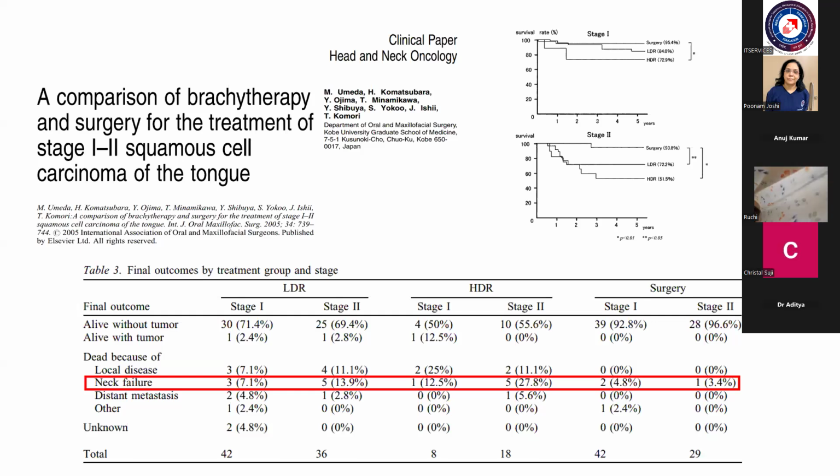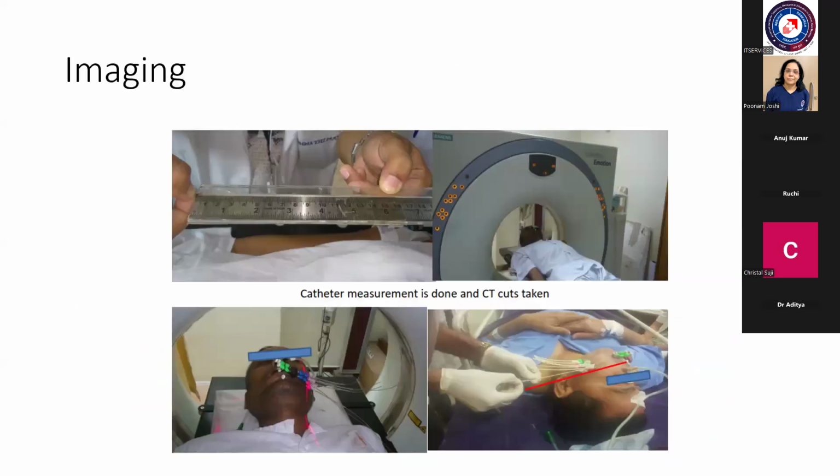So once we are done with the implant, the patient goes for CT scanning. Again, the physicist helps us in identifying where the source has to be placed and what is the length of the tube that we have used for the patient, and catheter measurements are done and CT cuts are taken. So this is the treatment planning system.